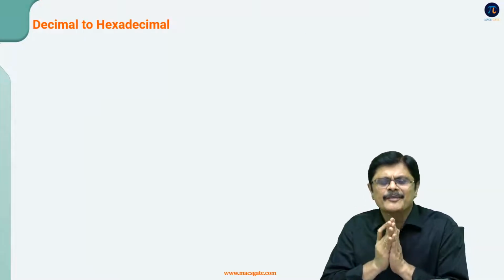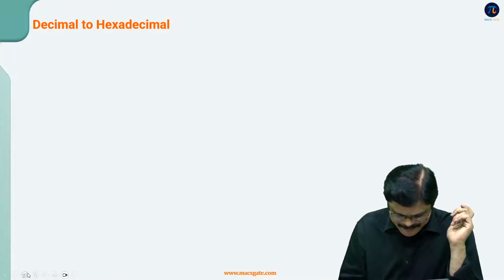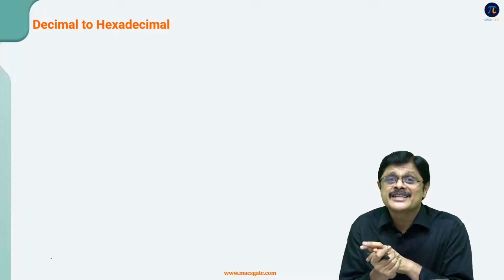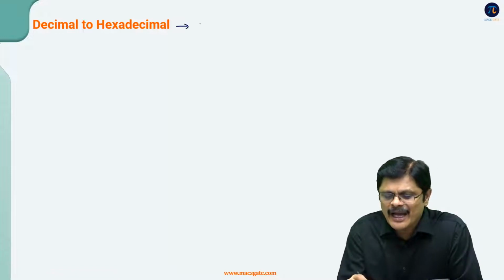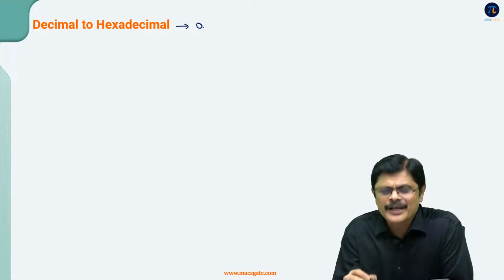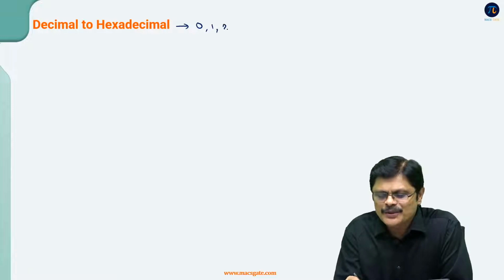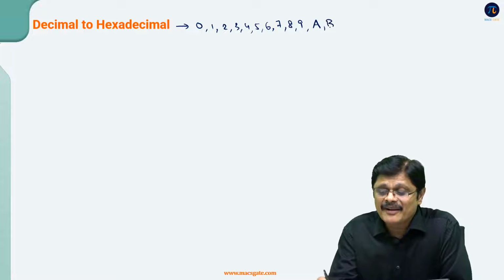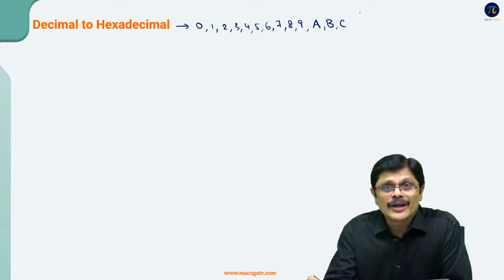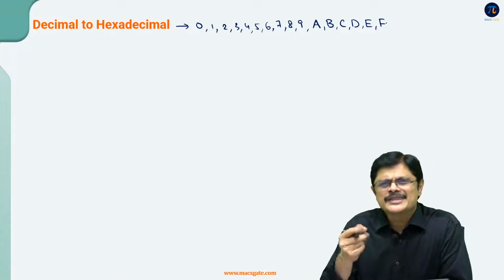From decimal to octal you can convert by this process. Similarly, let us try from decimal to hexadecimal. Hexadecimal means base 16 system. In hexadecimal we have the following digits: 0, 1, 2, 3, 4, 5, 6, 7, 8, 9, up to here same, but 10 is represented by capital A, 11 capital B, 12 capital C, 13 capital D, 14 capital E, 15 capital F. Either you can use capital A or small a.